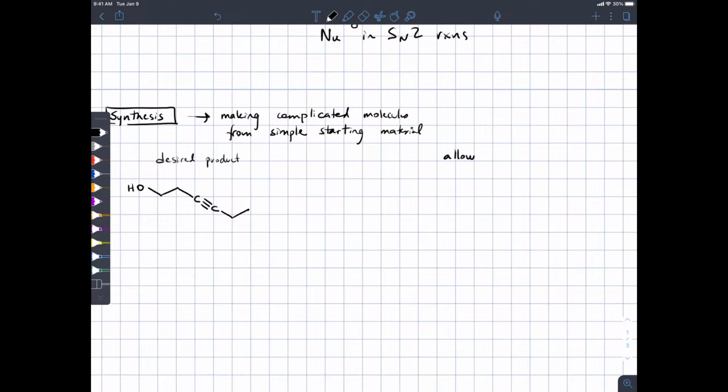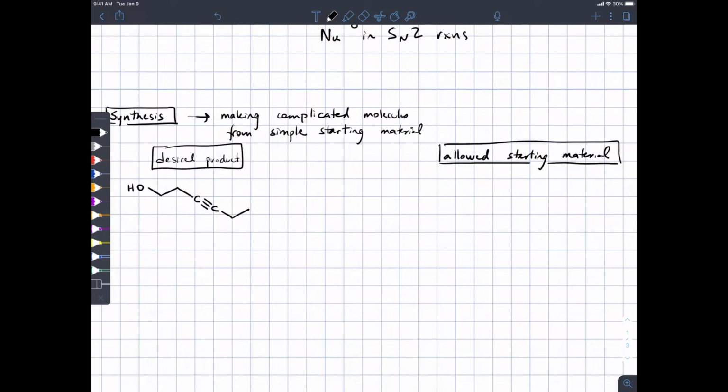In this class, the allowed starting material is determined by me, and it is arbitrary. I just choose a starting material that makes the problem complicated enough to allow you to really test your mastery of the material. In actuality, the allowed starting material could be anything, but the process needs to be economical, right?